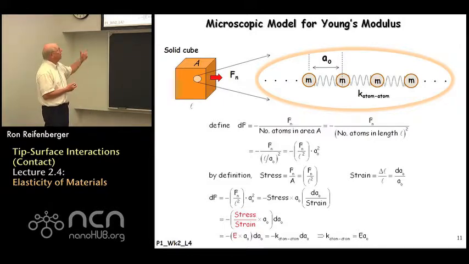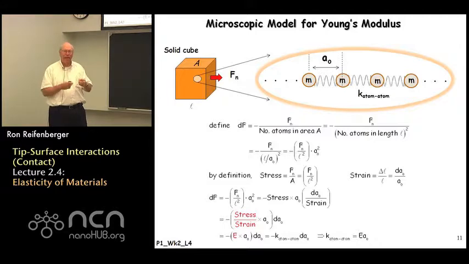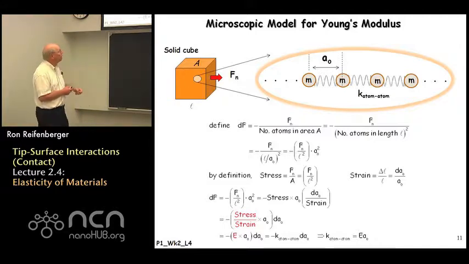So the way to do that is you actually have to define how much force is applied to each atom in the solid, and that calculation is basically done in the equations here. You have to take the force that you applied, that's what you measure. You have to calculate how many atoms there are in the cross-sectional area A. That's worked out in the first set of equations.